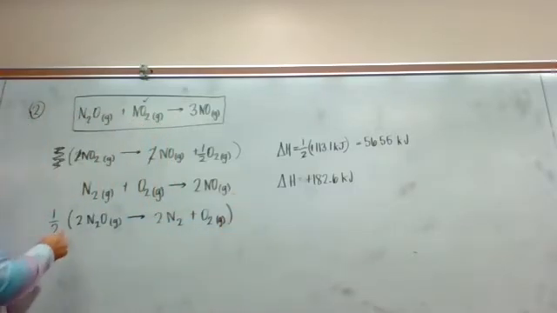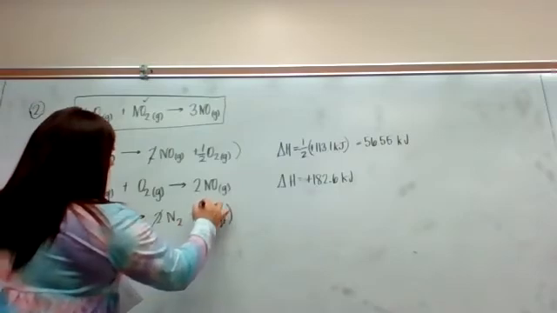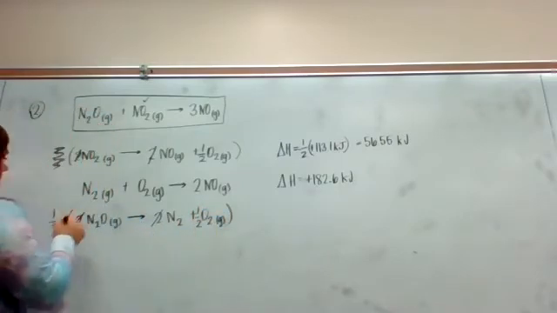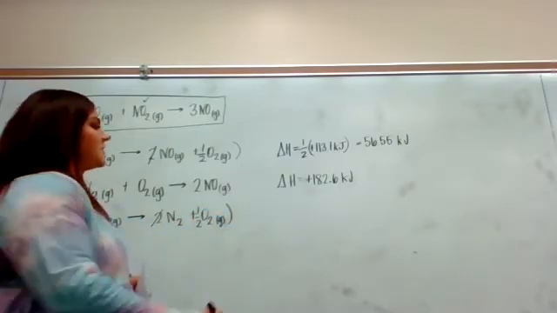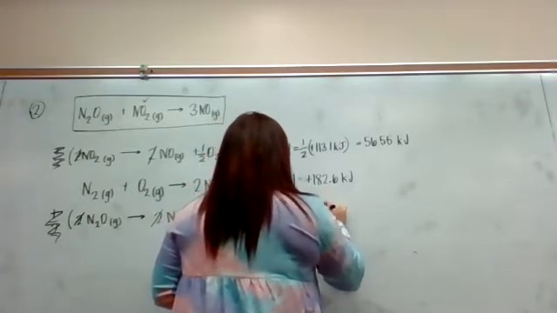Right, when I multiply it by 1/2, this 2 cancels, this 2 cancels, and I get a 1/2 in front of my O2. And so I need to multiply my delta H by 1/2.